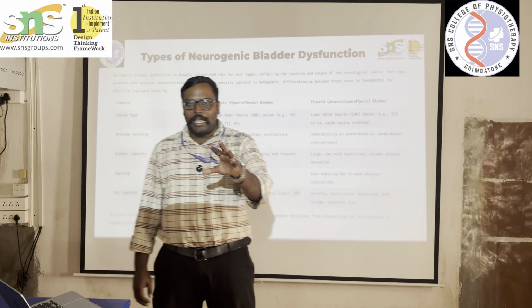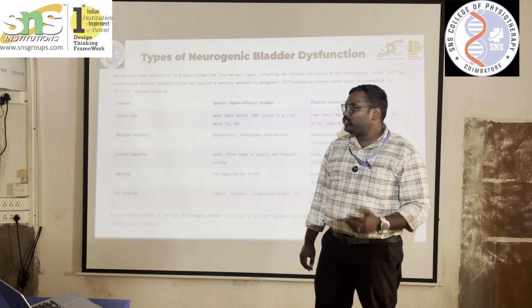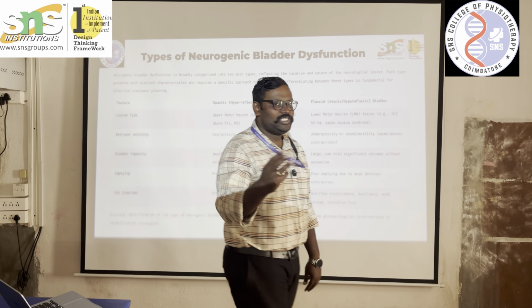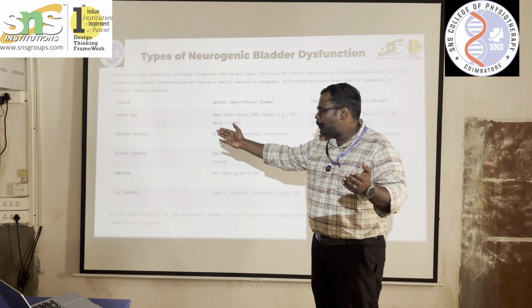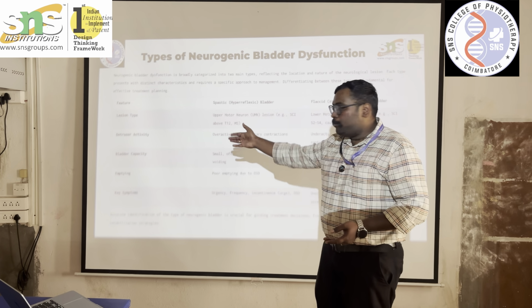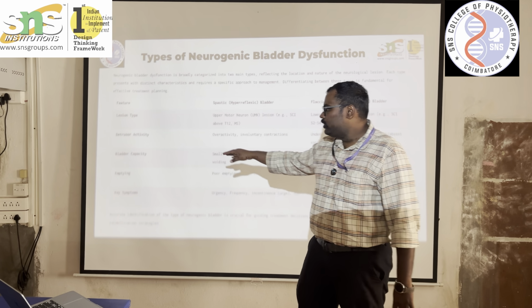Now, types of neurological bladder. It is divided into two types. One is spastic, also known as hyperreflexive, and the other is flaccid, that is atonic or hyporeflexive. In this flow chart you can see the combinations of the major features: lesion type, detrusor activity, bladder capacity, that is the holding capacity, emptying, and the key symptoms.